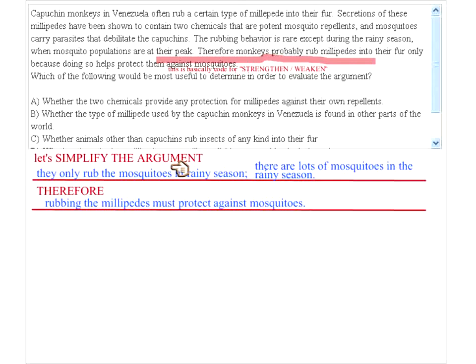Because that implies that they already know that they're mosquito repellent, which is a circular argument. That's already your conclusion. This just says they rub a bunch of millipedes in and there's a chemical that happens to repel mosquitoes. It does not say that that's the purpose why the monkeys are doing it. That's actually the conclusion of the argument. That's not a premise.